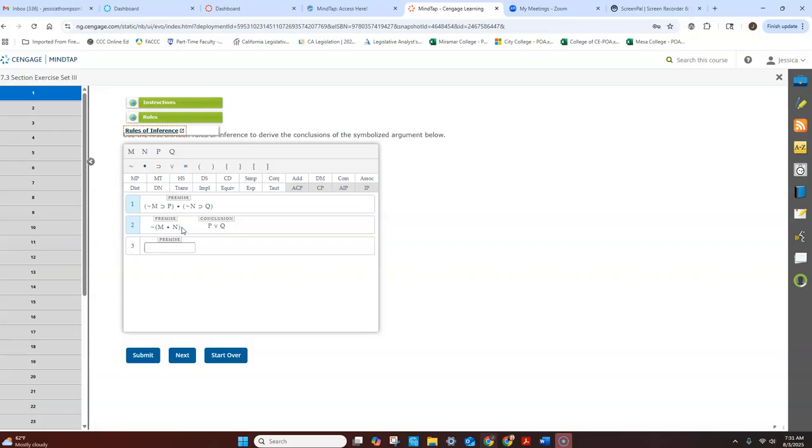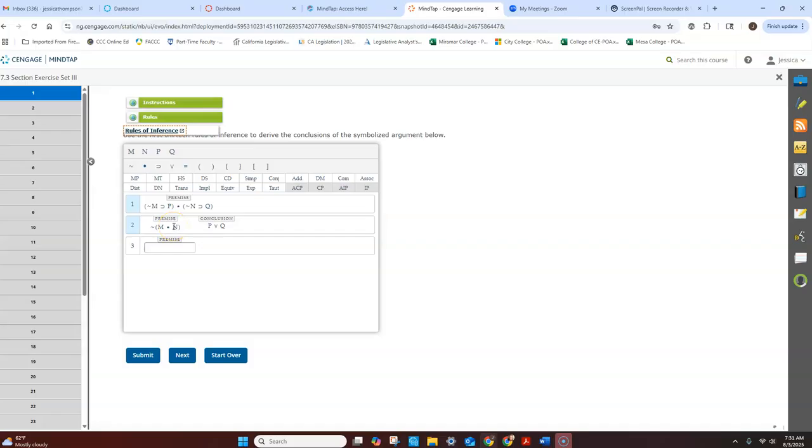Okay? Because I can look at line 2 and see, you know what? De Morgan's rule can be used to unpack this a little bit. So in other words, if I'm given, well, it's not the case that M and N, I can replace that with something logically equivalent.